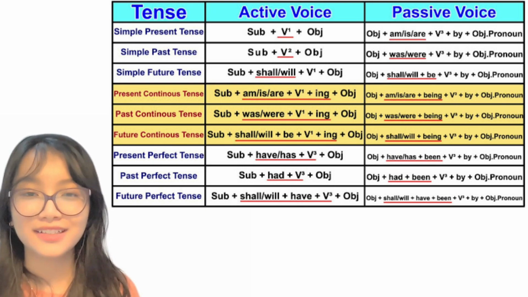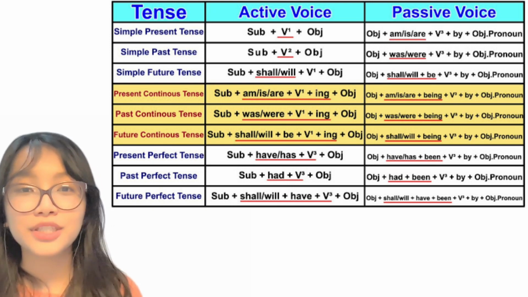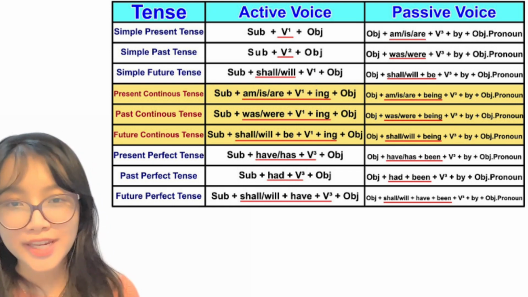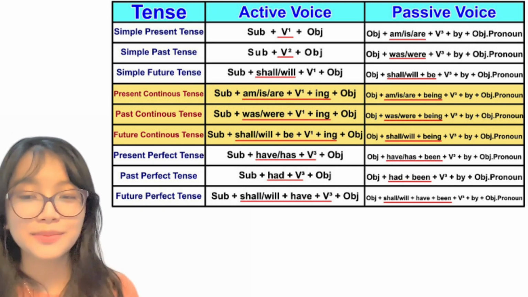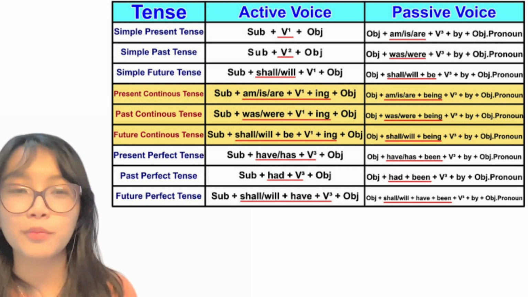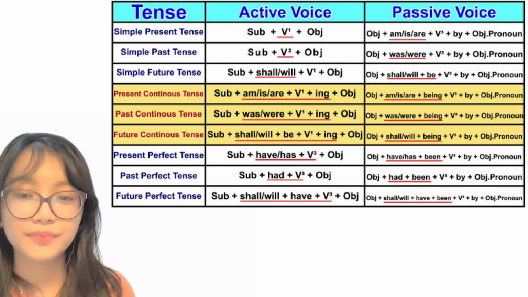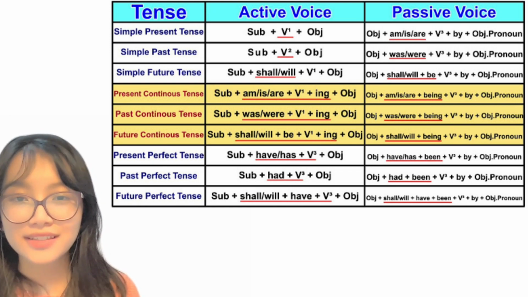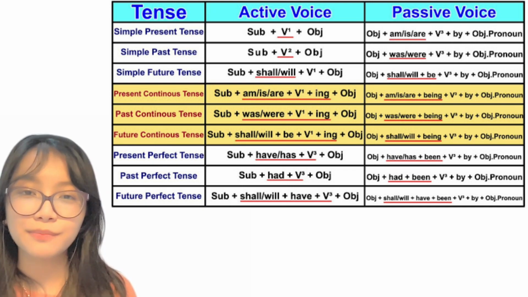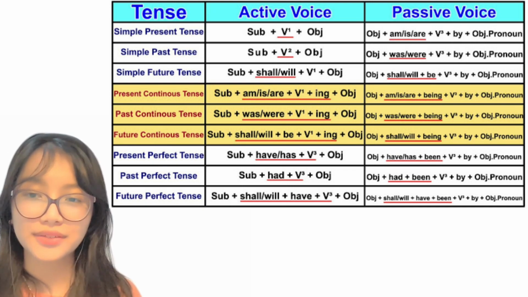Present perfect tense. Active: subject plus have or has plus verb 3 plus object. Passive: object plus have or has plus been plus verb 3 plus by plus object pronoun. Past perfect tense. Active voice: subject plus had plus verb 3 plus object.